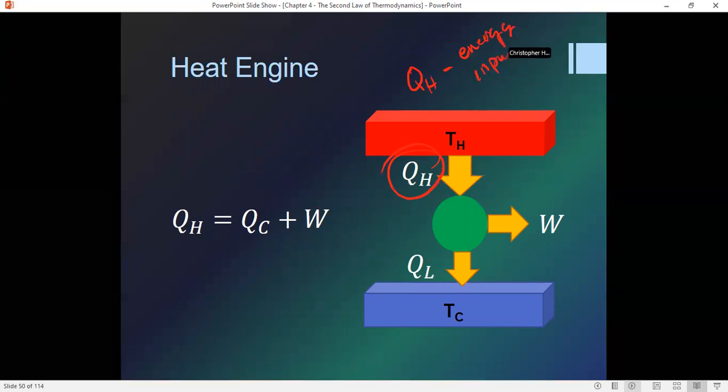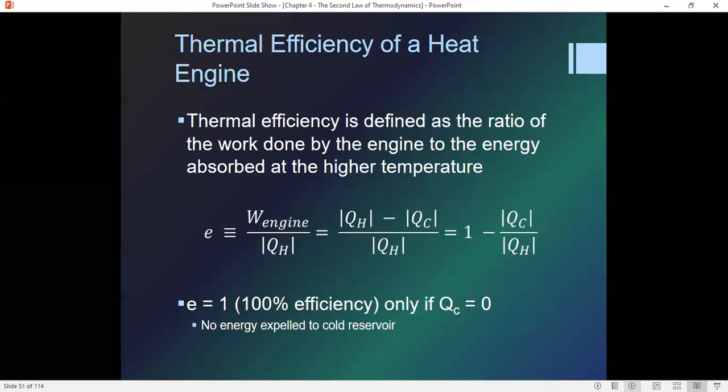W is the useful energy. And whenever we look at efficiency, it's always useful energy divided by the energy input. So coming up with an efficiency here, efficiency is defined by work divided by QH.